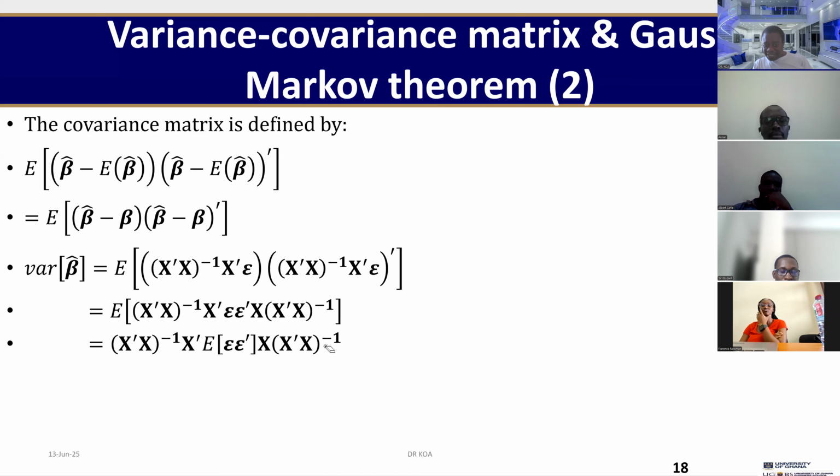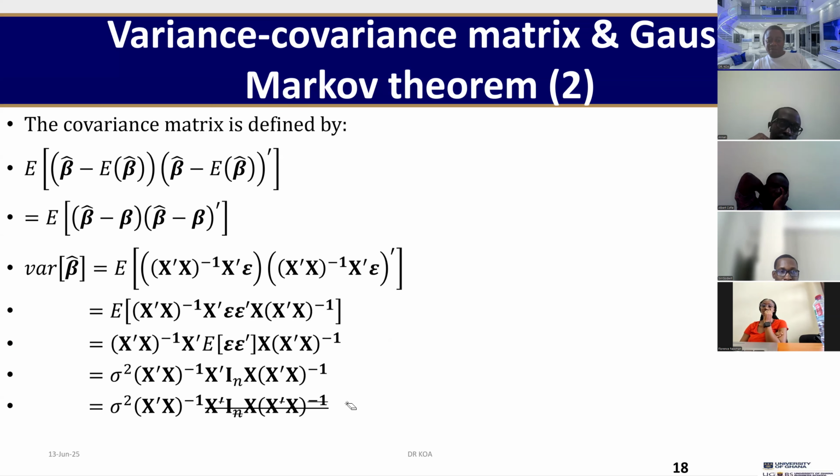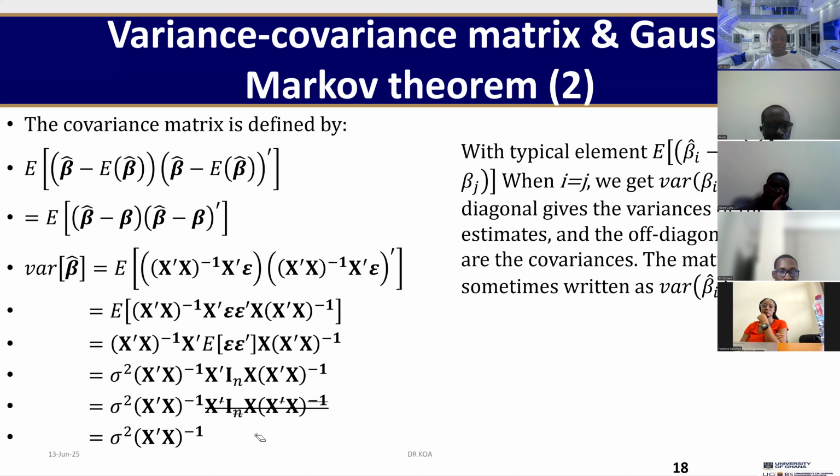We can't touch this x prime x to the power -1, because it's not canceling. But this one, when it goes here, cancels. If you take the expected value of epsilon prime epsilon, that will give you an identity matrix with the constant value. And so we can cancel off this. And then conclude that the variance of beta cap is this.